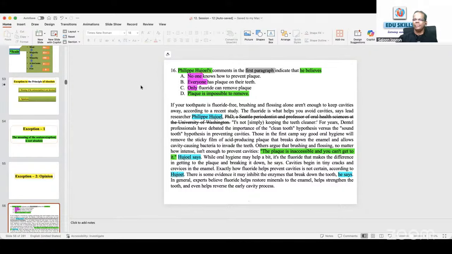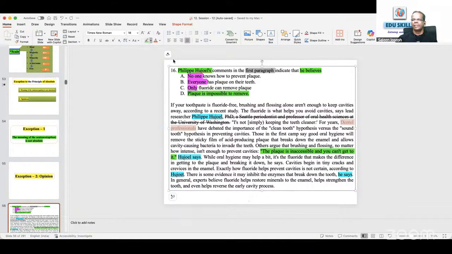And for years, dental professionals, we are not bothered about dental professionals. What they have said, this is dental professionals, right? It's not what he believes. Those in the first camp, that's another group.